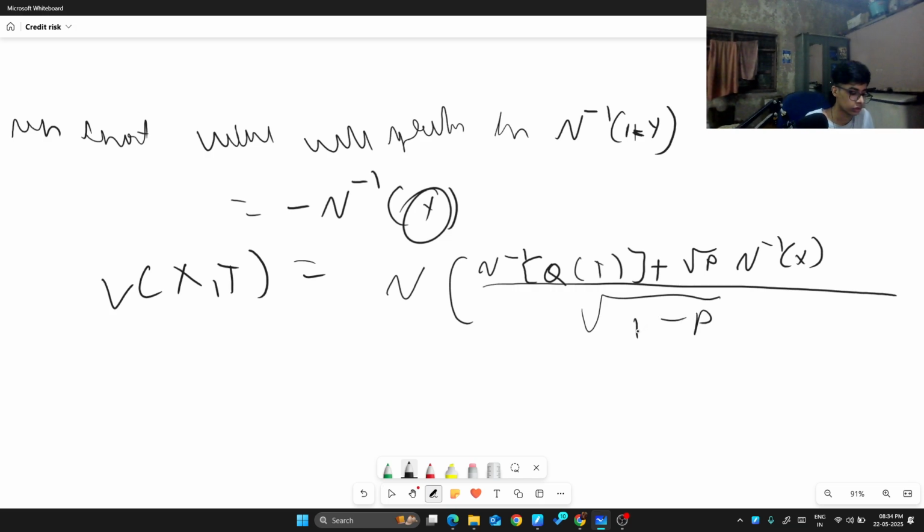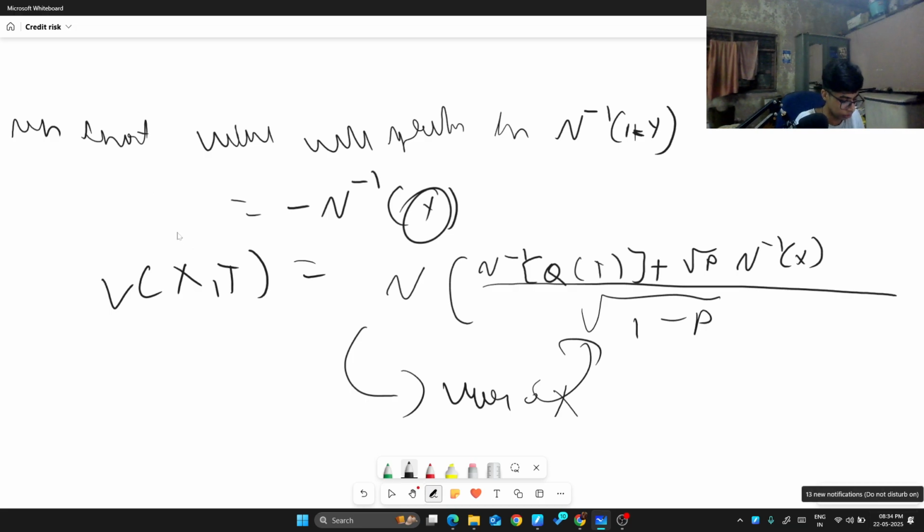I think in this way you can find the VaR. Then you can find the percentile value. Okay, you can find VaR by using the one factor model.